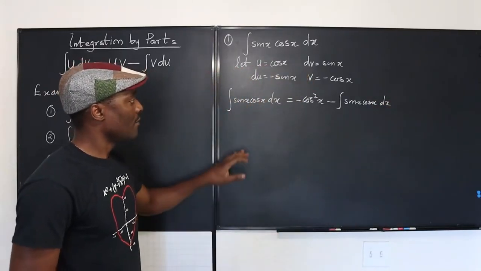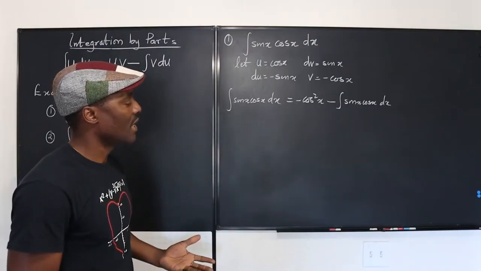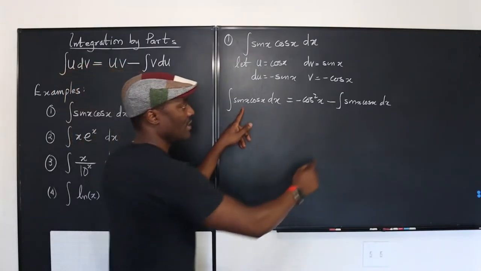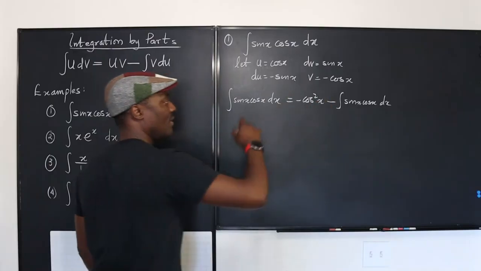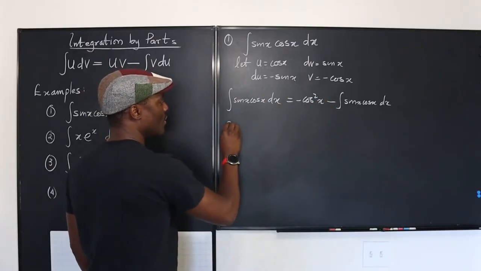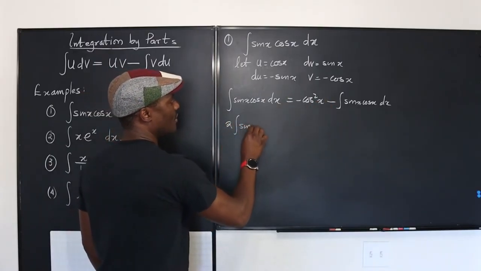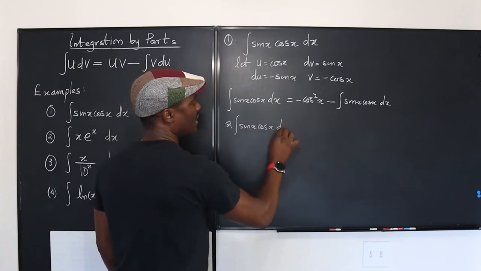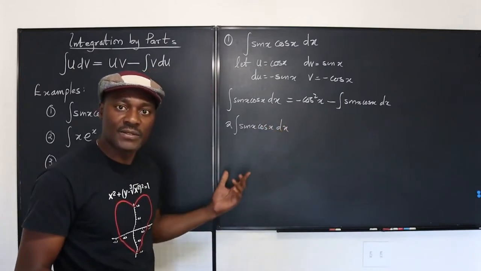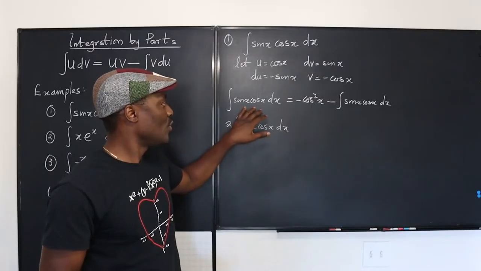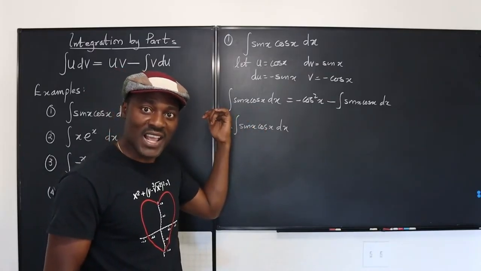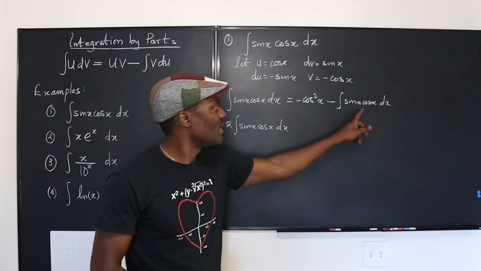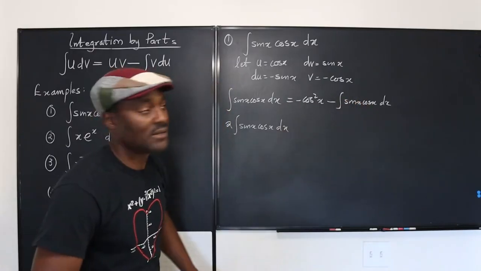Okay, now what do we have? Well, it looks like this is the same as this, so we can move this over here, and we're going to have 2 of the integral of sine x cosine x dx. So remember, you will always have situations like this where what you have at the beginning will be the same thing as this, so it doesn't matter, okay?